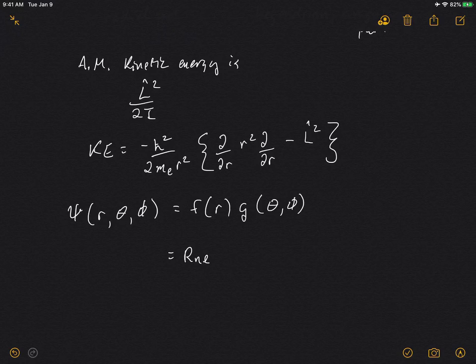We're going to have this big R sub nl, that's going to be our radial function of r. And then the other function is going to be the function that we've used previously, these spherical harmonics, which are functions of theta and phi. So we're going to start off assuming that it might be of this form, and then we'll see that it works.